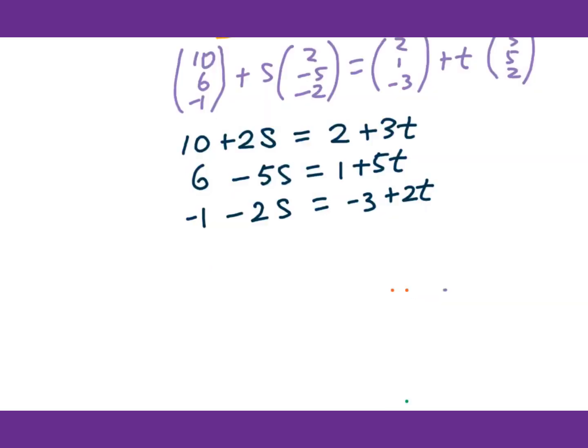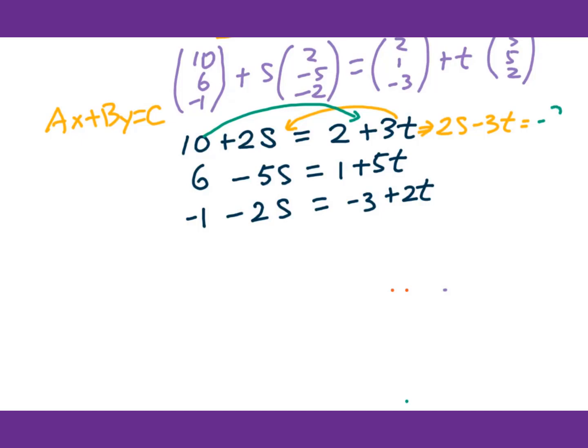First, we need to organize. Change each equation into ax plus by equals c format. Move this one over here. You will get 2s minus 3t equals 2 minus 10, that's negative 8.